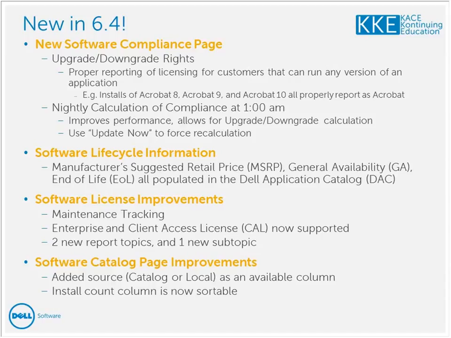Okay, so as you can see, there are several new highlights in 6.4 related to software licenses. As Andrew mentioned, we have a new license compliance page. Depending on the license information that you provide and how the license is configured, as opposed to the versions you have running out there on your endpoints, you can now see on that new license compliance page whether or not the license applies to the current version installed on your systems, or whether you have upgrade or downgrade rights.